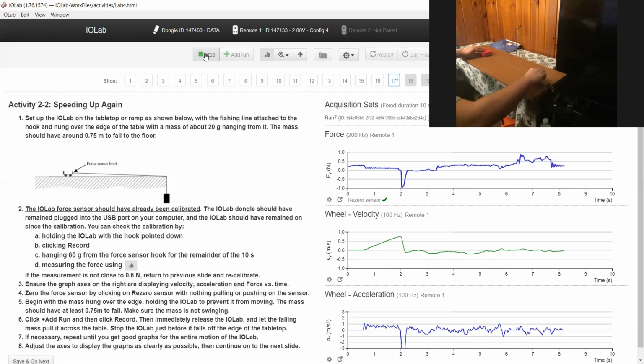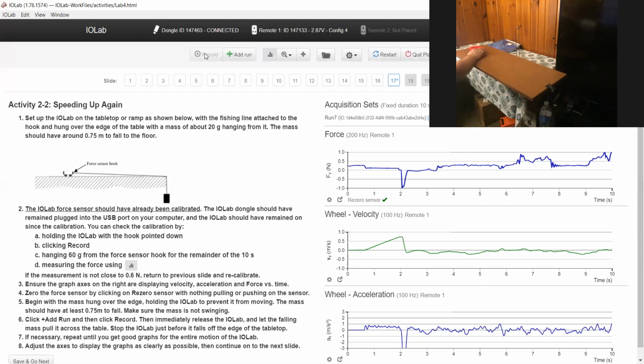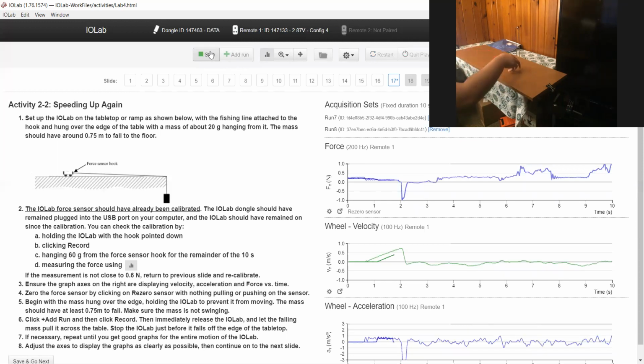That's not too bad, but it hit the ground. Record it.